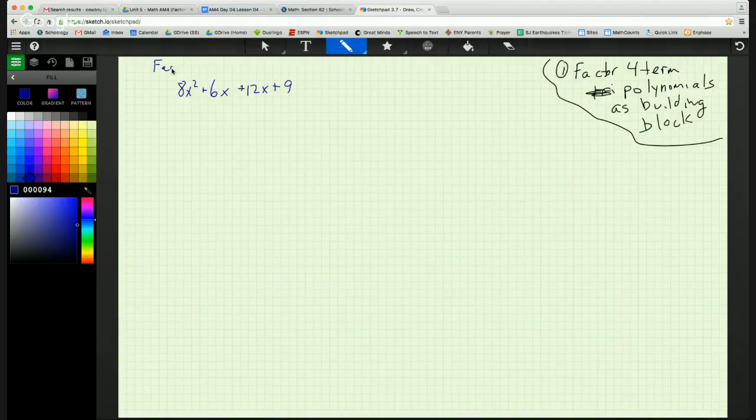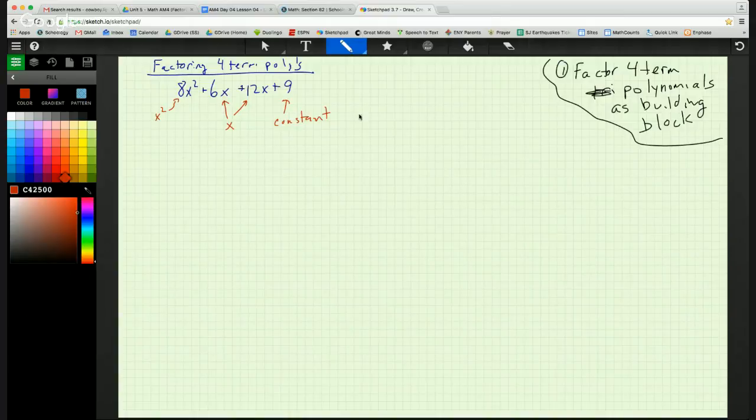This is factoring four-term polys. And it's very concocted because in this case, you're always going to have the first term be x squared. The next two terms are going to be x terms. And then the last term is going to be a constant in all of these examples today. Now, that's not true of all four-term polynomials, but it is true of the ones we're going to learn to factor.